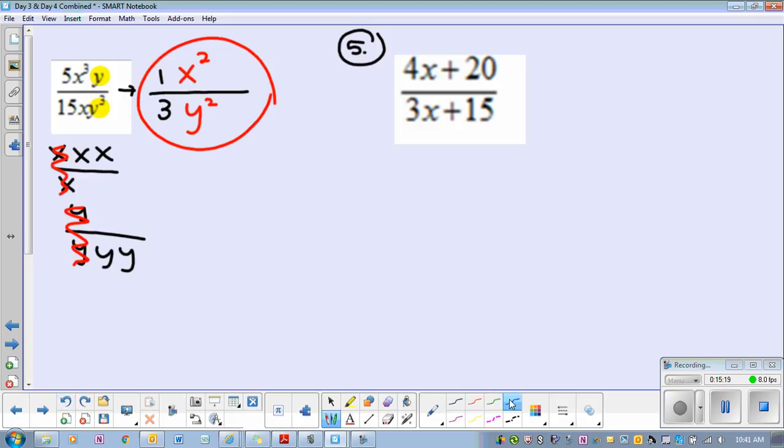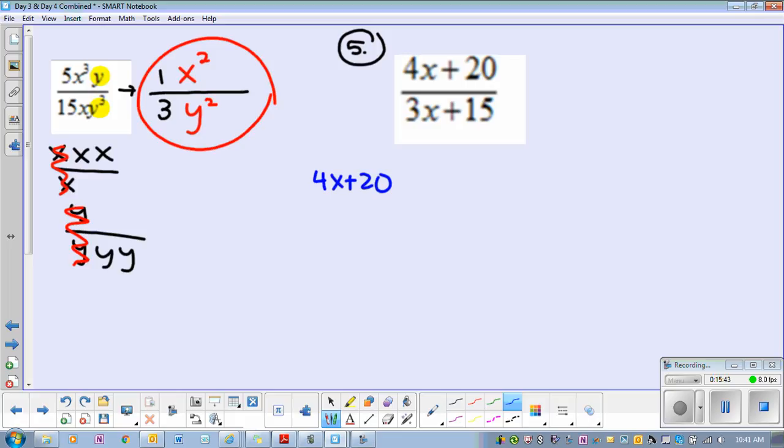So let's just factor the top. Look at the top. 4x plus 20. What's the first step in factoring? 3 letters. GCF. Good. GCF. So 4 and 20.